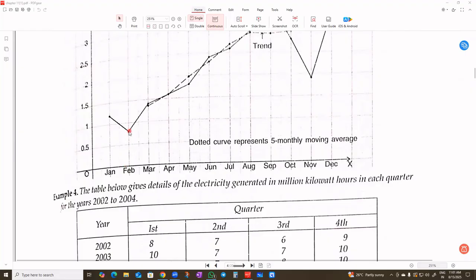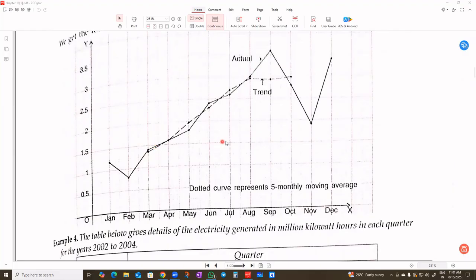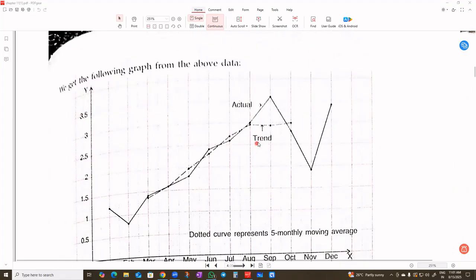So randomly somewhere here we can make a dot and draw a bold line. Look at this, the bold line will actually be the actual values. So this is what the bold line is. And this dotted line you can see here, dotted lines. Okay, follow my pointer. This is a dotted line, right?